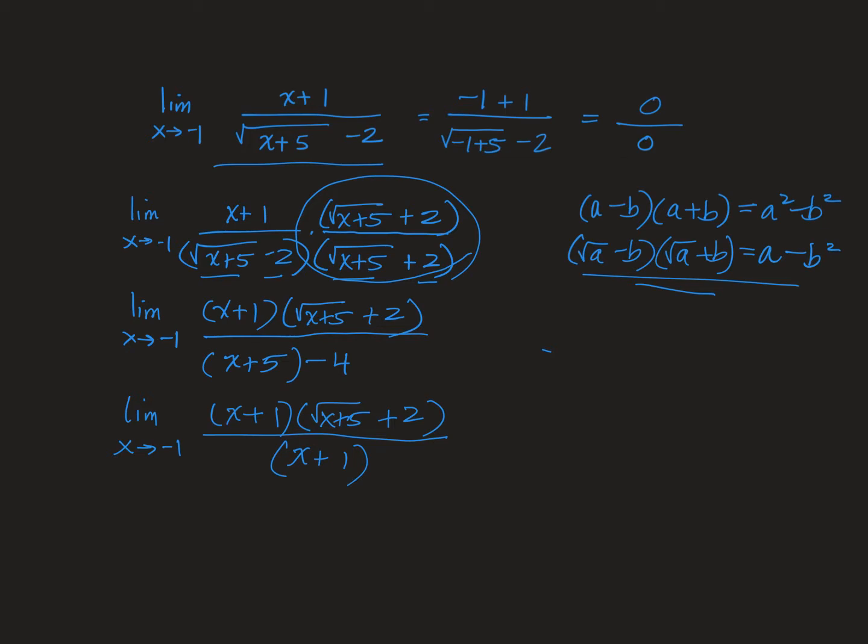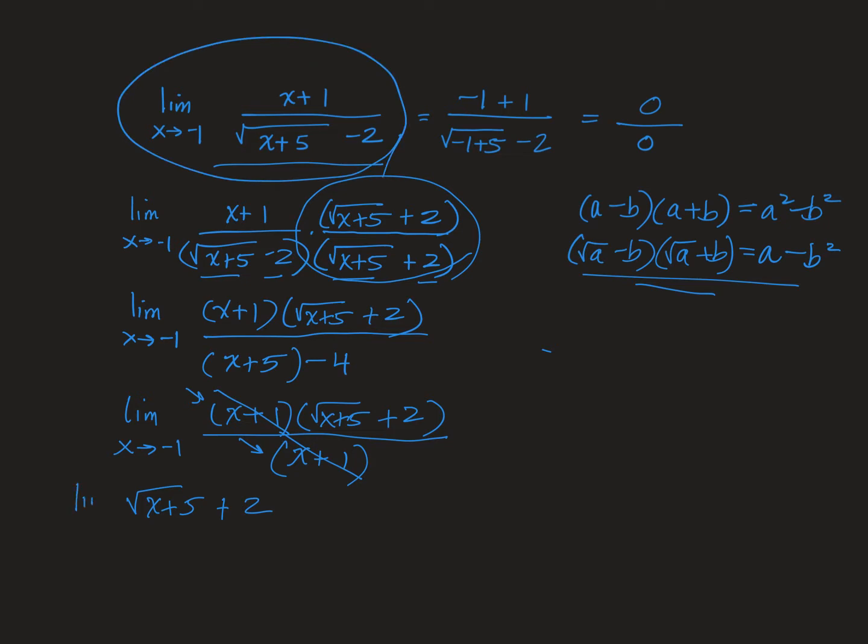So look what happens here. We have this factor in the numerator and in the denominator. And like I said in the last video, since we're not concerned with what happens exactly at -1, we can actually cancel these. And we know that the square root of (x + 5) plus 2 behaves just like this function everywhere except at x equals -1, right?